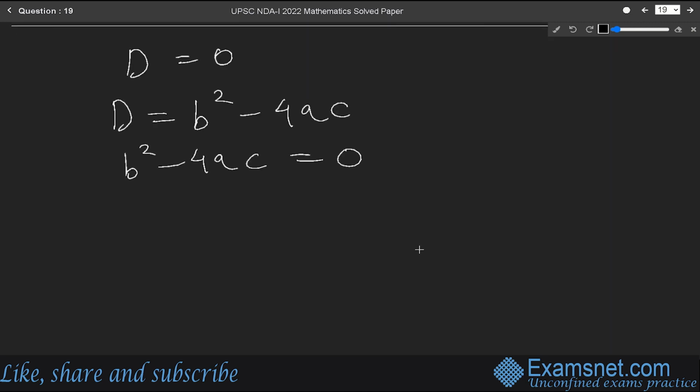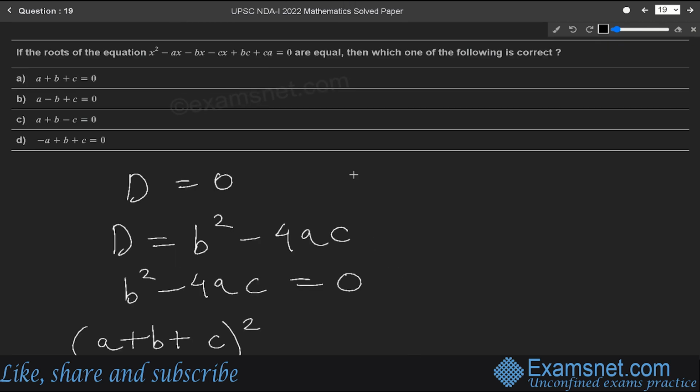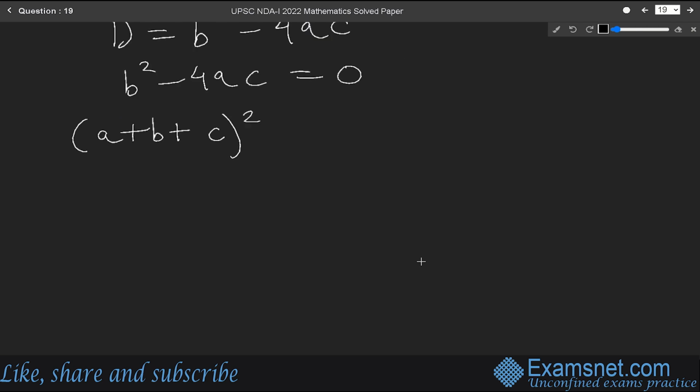We know that b is the coefficient of x. So putting the value here, b square will be a plus b plus c square. You can see in the equation that the coefficient of x is a, b and c. Therefore, the value becomes a plus b plus c whole square minus 4 into ac.